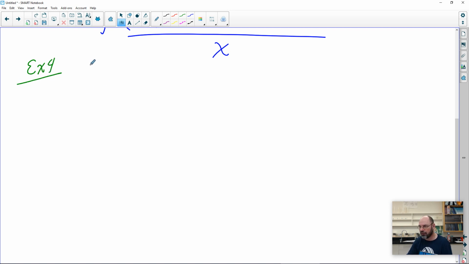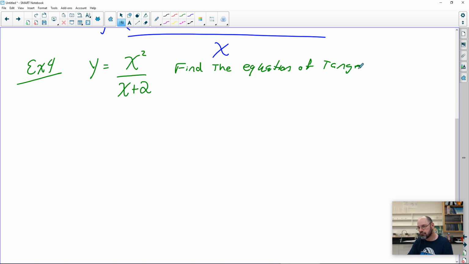Okay, and this would be if you have y equals x squared over x plus 2. And I'm going to say find the equation of the tangent line in standard form at x equals 1.